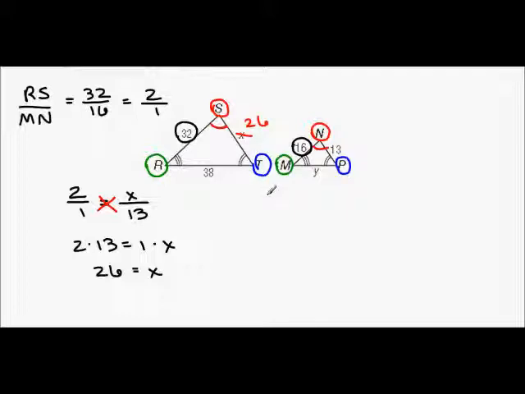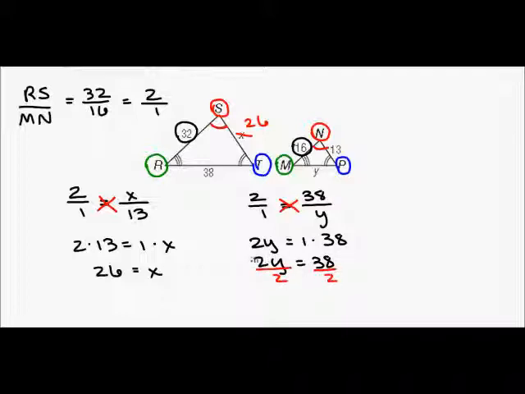Now again, we're going to find Y. So 2 over 1 equals 38 over y. Cross multiplying, and I get 2y equals 1 times 38. So 2y is 38. Divide by 2, and we get y is 19.